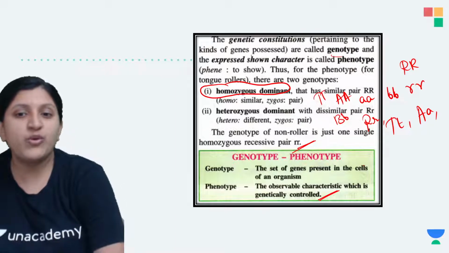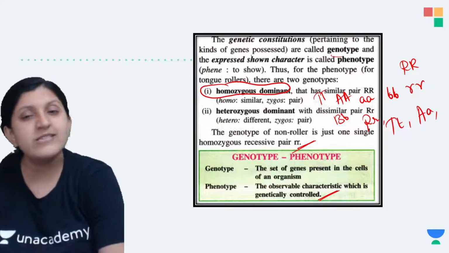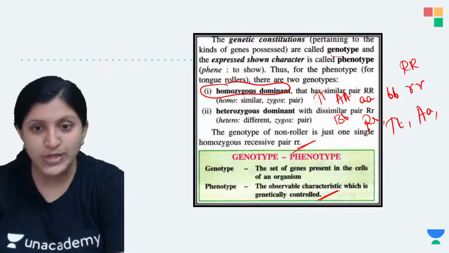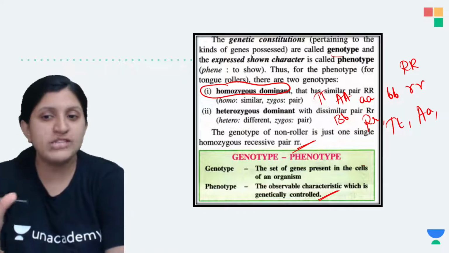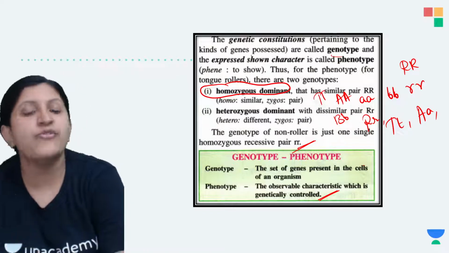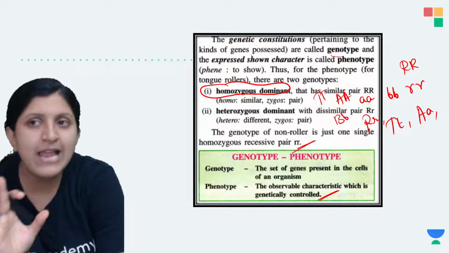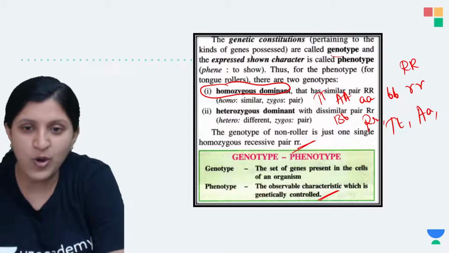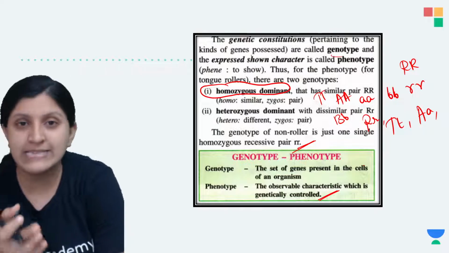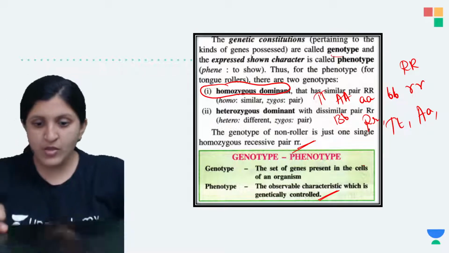Phenotype definition, what you can write: the observable characteristics which is genetically controlled is the phenotype. The genotype is what? Set of genes present in the cell, that is of an organism. So in the whole cell, what all sets of genes you can find, that is related to the whole organism. So that we call as the genotype there. Okay.